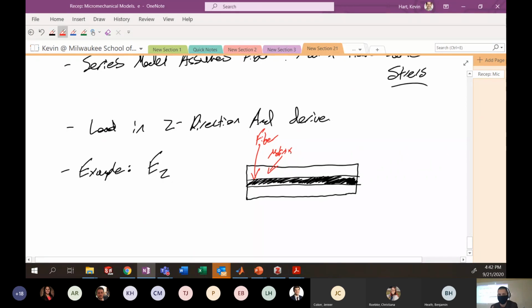Fiber in the matrix. And now we're going to load not in the 1 direction, but in the 2 direction. But remember, 1 direction is always in the direction of the fiber. And now we're going to load in the 2 direction. So here we are, F2.